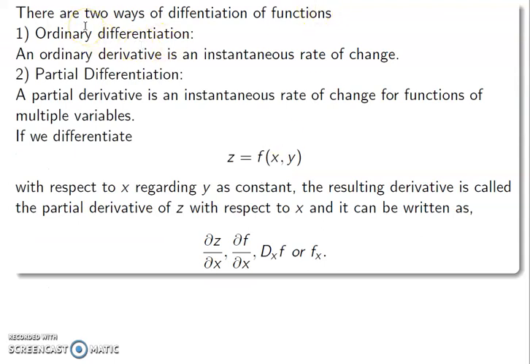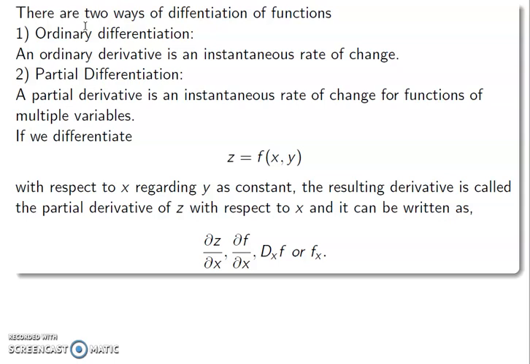So there are two ways of differentiation of a function. First, there is ordinary differentiation, and second one is partial differentiation. What is ordinary differentiation and what is partial differentiation? This is a slight change, but this change differs more. Ordinary differentiation is an instantaneous rate of change, and partial differentiation is an instantaneous rate of change for a function of multiple variables.